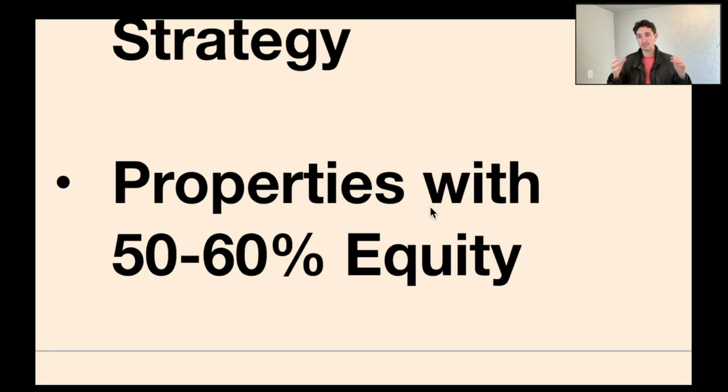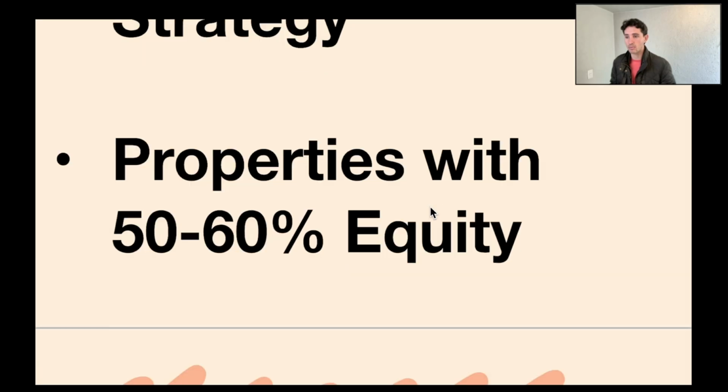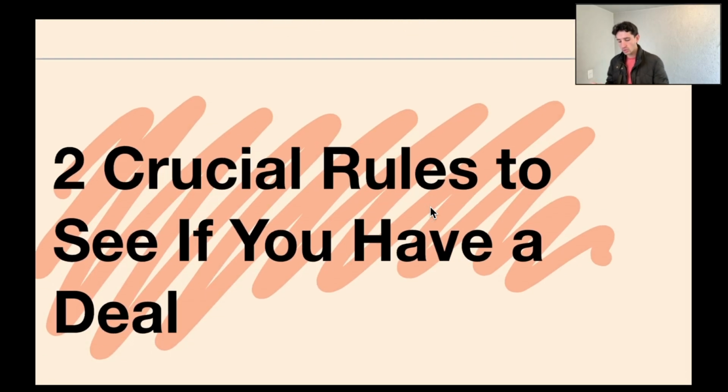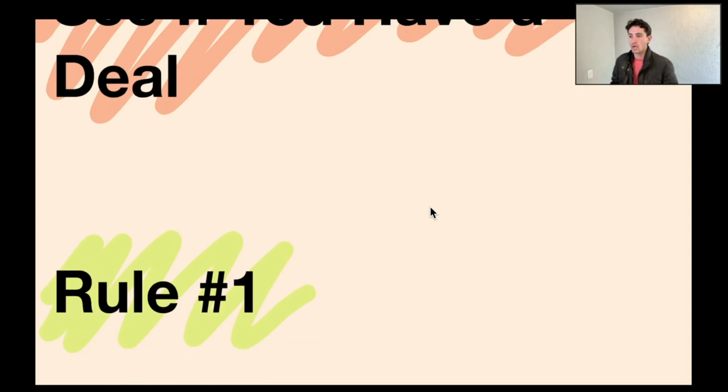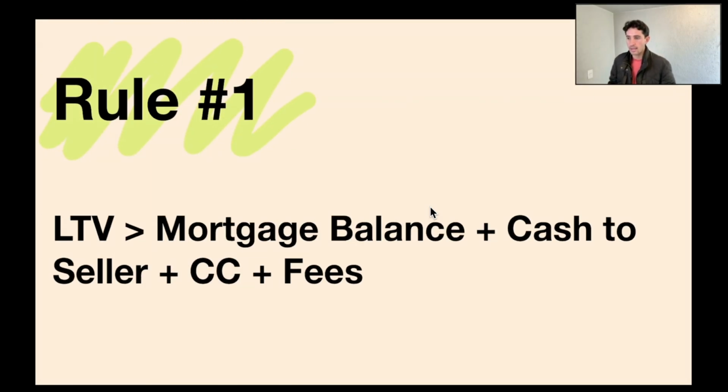Almost at the end of the video, I'm gonna go over a deal breakdown, so no worries if it's not making sense right now. But really, I'm gonna go over the 2 rules to see if it works as a Morby Method. Okay, so 2 crucial rules to see if you have a deal. Number 1, LTV, known as the loan to value. Normally investors, when they get a DSCR loan, get 70 to 75% LTV.